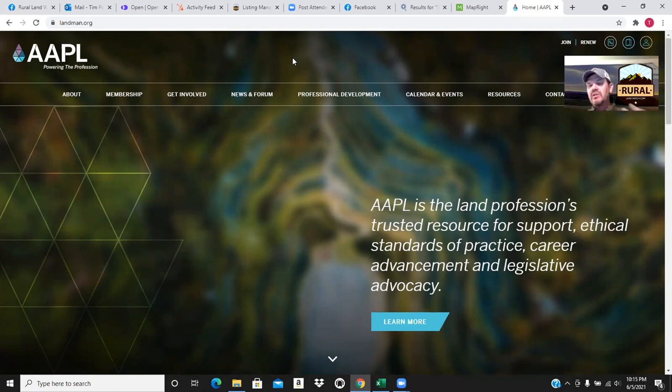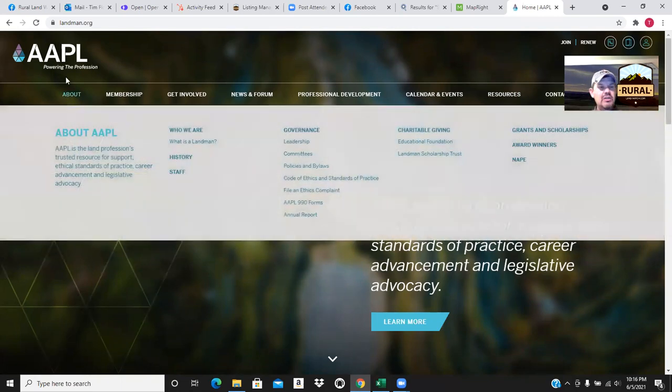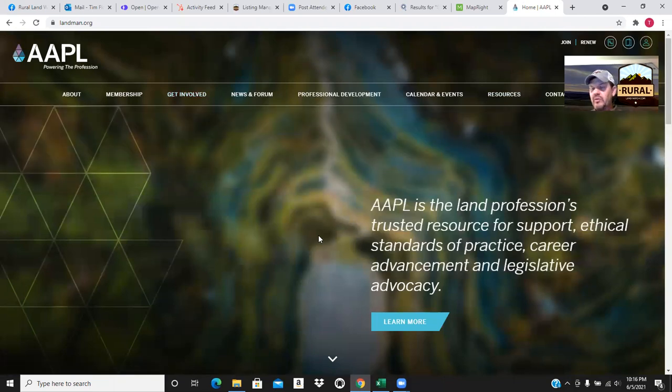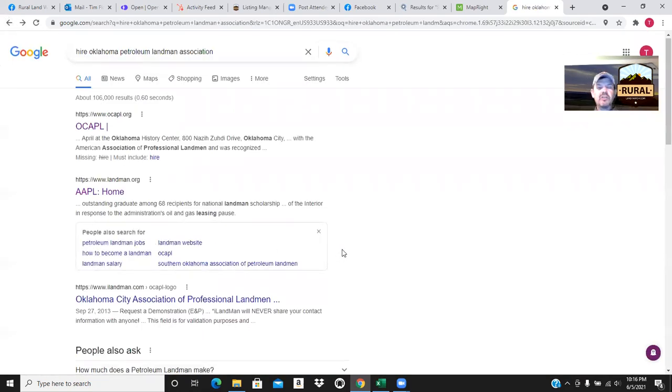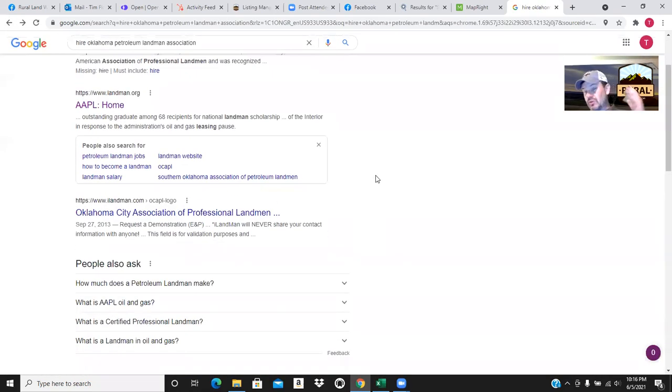But regardless, the skill set is the same for surface rights up above the ground, so you can determine who owns land. You can just get involved online, join a forum, and post, and people will reach out to you. I've had dozens and dozens of landmen reach out to me. They're hungry for work, and if things are slow in the oil field, you can hire one cheap. If things are busy in the oil field, you probably can't hire one as cheap.